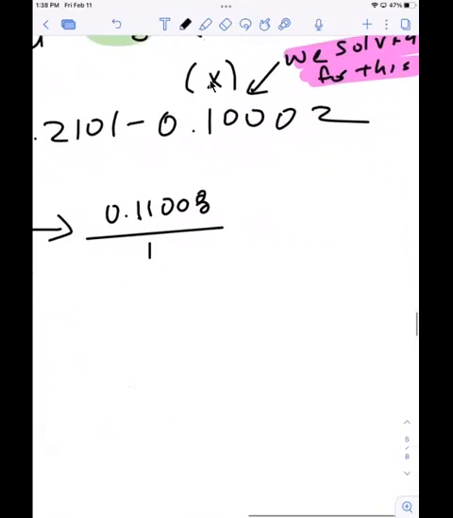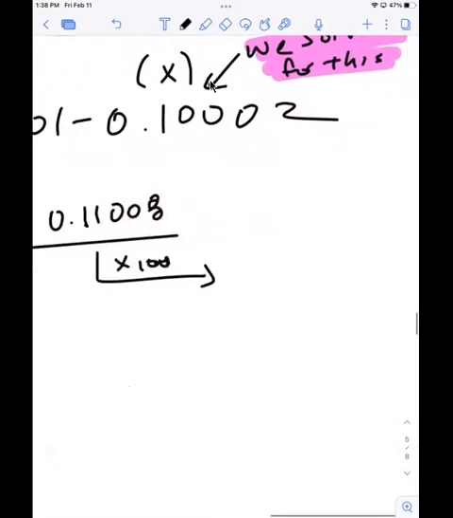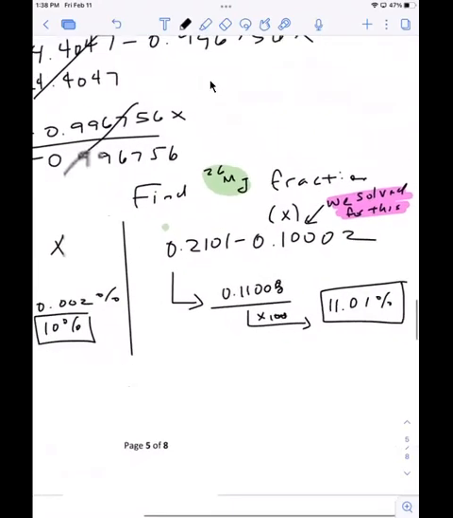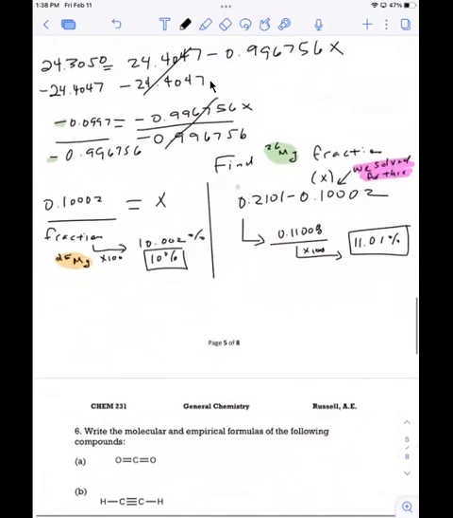And if we multiply that by 100, that's going to give us the percentage. So it's going to be 11.01% because we can round that up. All right, any questions about that?